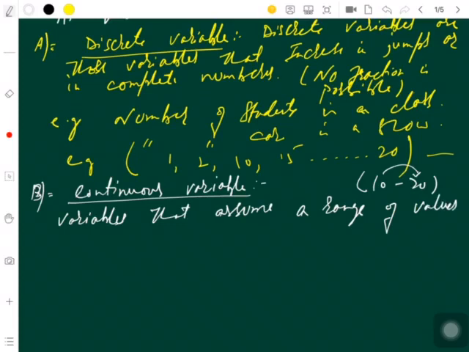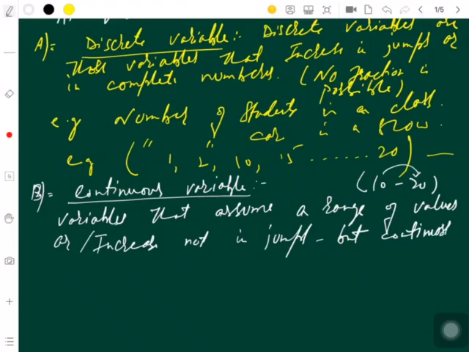So that means in 10 to 20 there is 10, 11, 13, 14, 15, 16, 17, 18, 19, and 20 itself maybe if we are using it in that very sense, but there is a range of values, or increase not in jumps, but continuously, or in a fraction are called continuous variables.